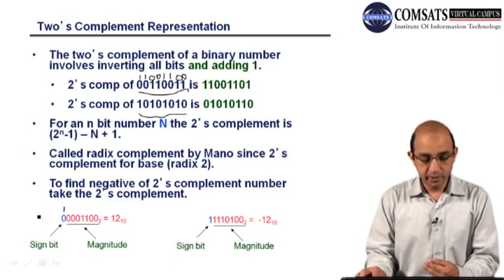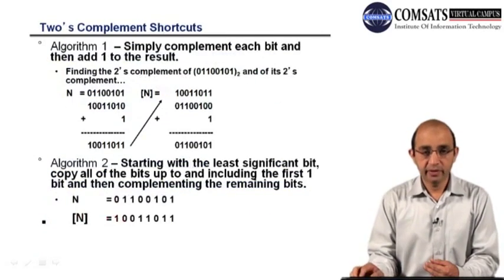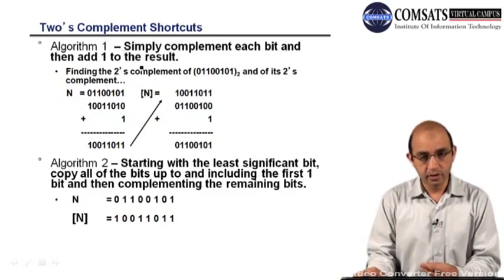This is the example. This is the number 12, and this is the bit which is reserved for the sign. We will have examples after a couple of slides. So these are the different algorithms which we normally use in order to compute 2's complement.